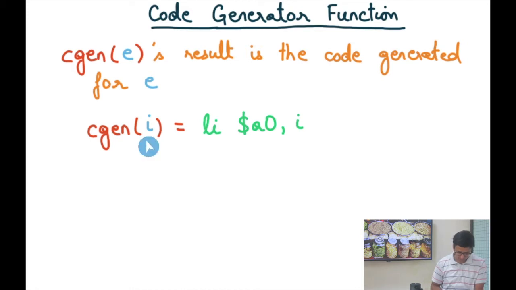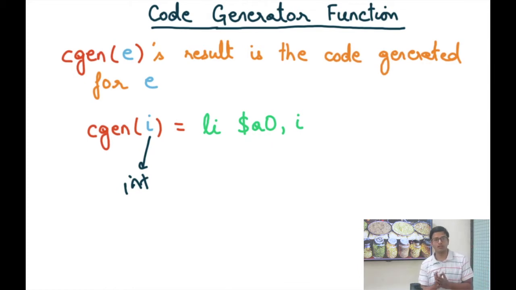So for example, cgen for I, where I is the representative for an integer. cgen for any constant integer I is just load immediate I into A0, because that follows our invariant, which is that the result should be in A0 and the stack should not be clobbered.